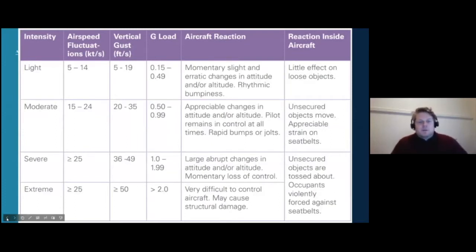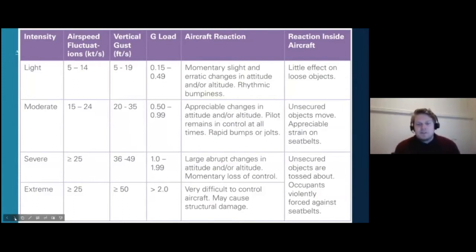So there's different turbulent intensities. You've probably all been in an aircraft and you get a few little bumps around and it's fine. And then you start getting into the moderate and severe turbulence ranges where you actually feel the whole aircraft move. They might stop the food service at that time because things might actually be getting thrown around the aircraft.